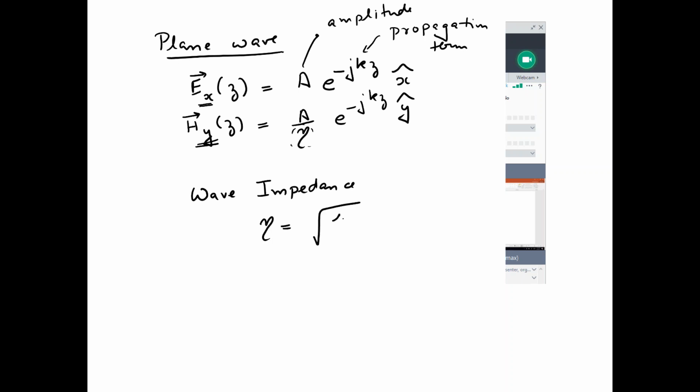And it was given by square root of mu by epsilon. These were the kind of solutions we were seeing in the plane wave, and we spent almost a month looking at various such solutions.